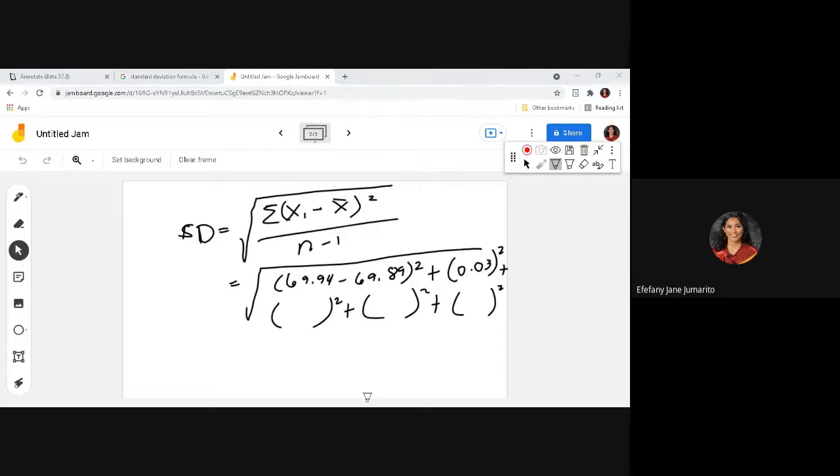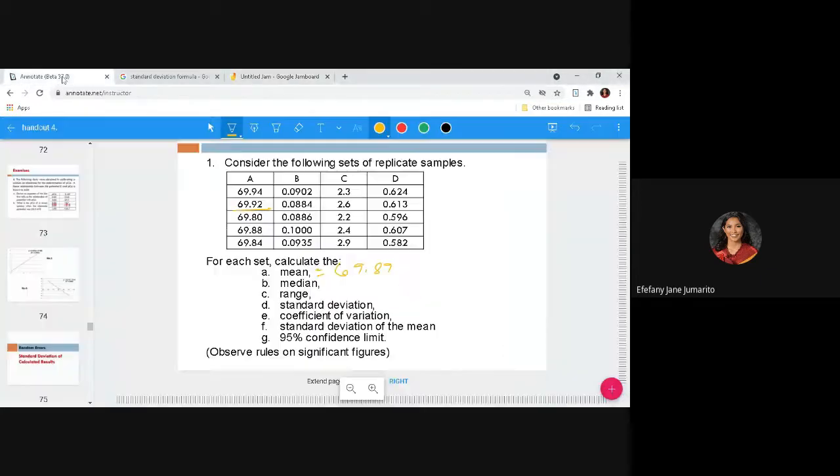Okay. Then what about the third sample? 69.80 minus this one. Oh, kani siya sample minusan nimo sa mean.